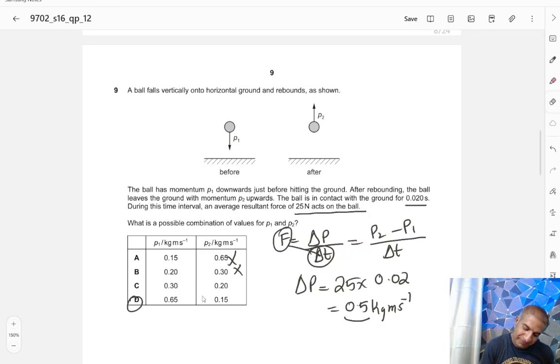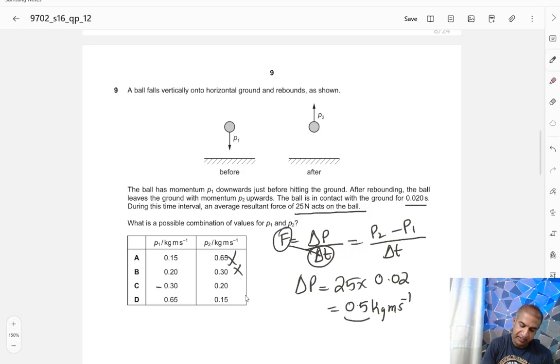The pitfall. Let's just go back and redo. The first two are correct, they cancel because obviously the momentum of P2 cannot be larger than P1, but then again the signs are very important. Let's just say downward is negative.